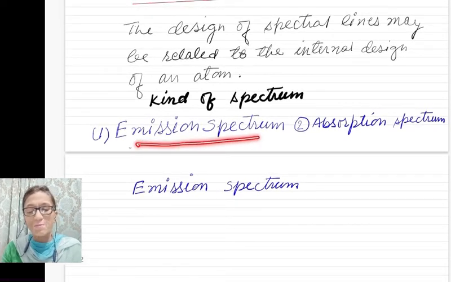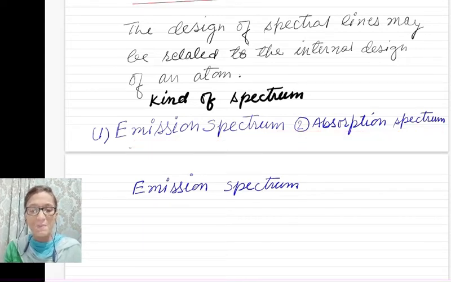Now, kinds of spectrum. You have two kinds of spectrum, emission and absorption spectrum.